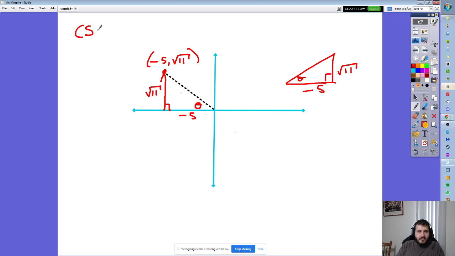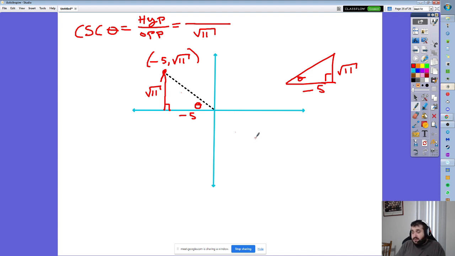We're going to be finding the cosecant. And remember, cosecant is 1 over sine, so hypotenuse over opposite. And we know what the opposite side is. It's radical 11. But we don't know what the hypotenuse is, so we do need to do a Pythagorean theorem here.